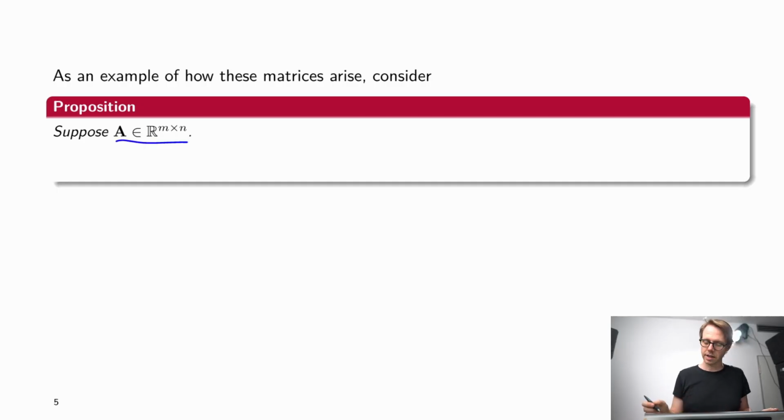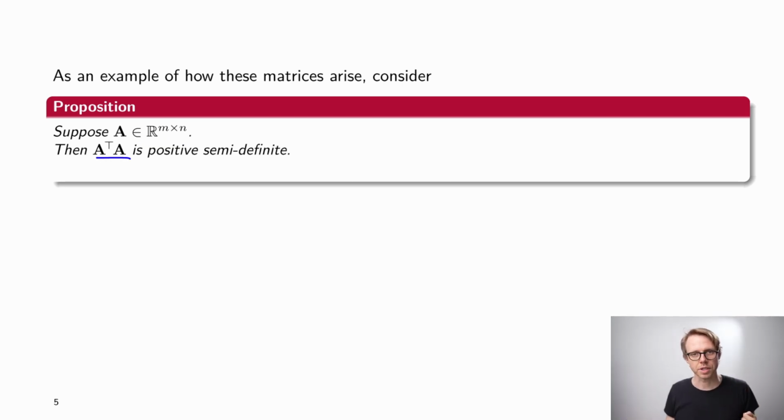So why are positive definite matrices so important? Well, the way we typically get positive definite matrices is by taking an arbitrary matrix A and multiplying it by its transpose. So if A is an m by n matrix, then A transpose A is positive semi-definite, as is A A transpose, by the way.